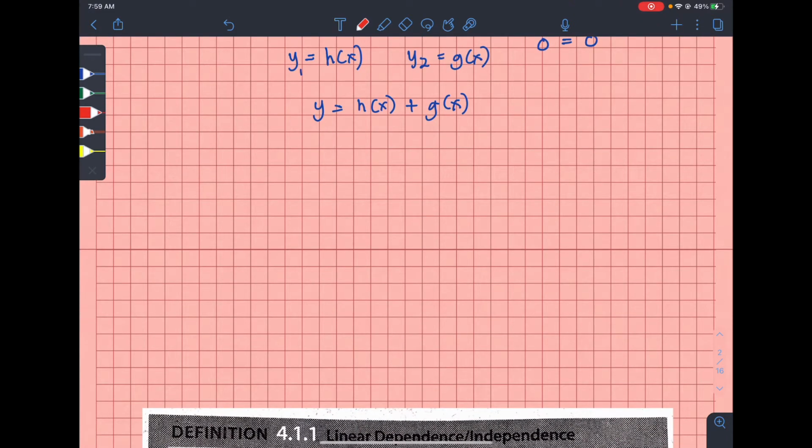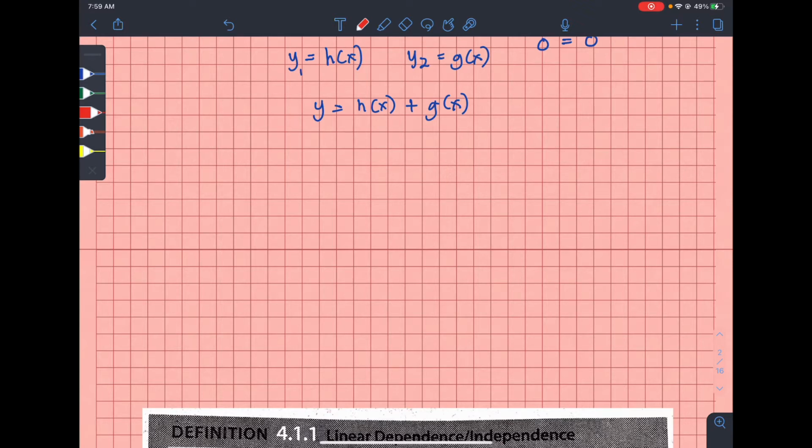What if we have a second order differential equation, and then there are two solutions that are present. One is h of x, the other is g of x. So it's a second order differential equation, and therefore there are two solutions.